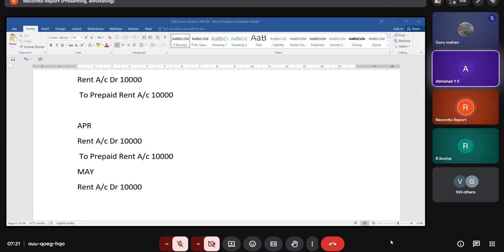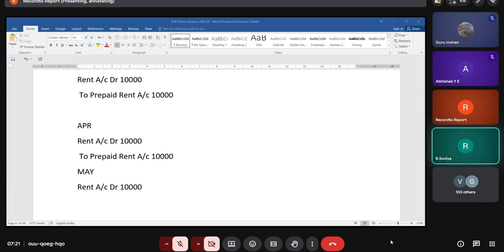Let me show you how the practical thing will happen in real time. Can you see the Excel? Is it visible?